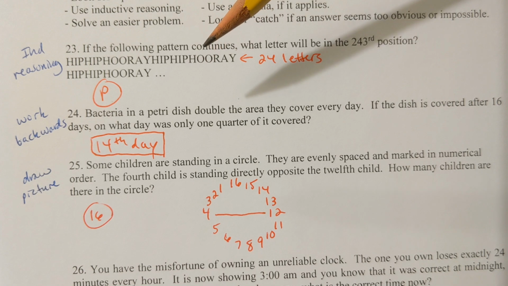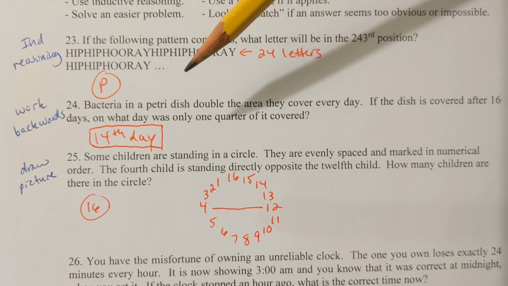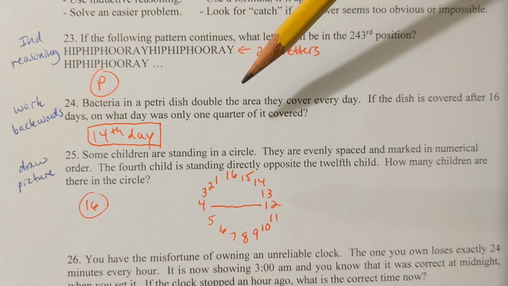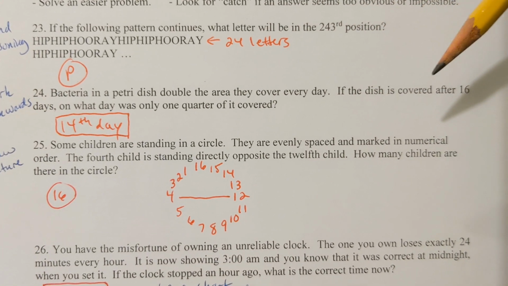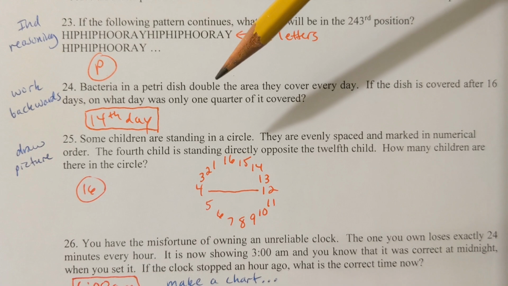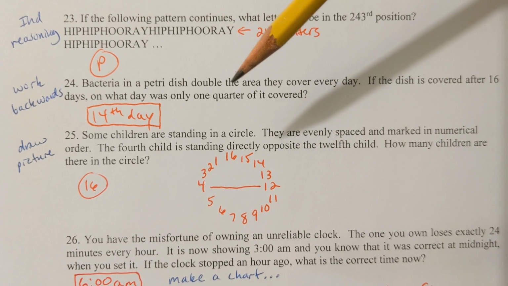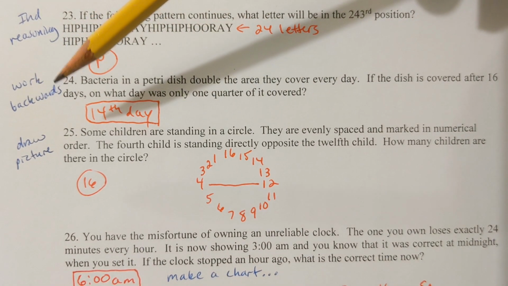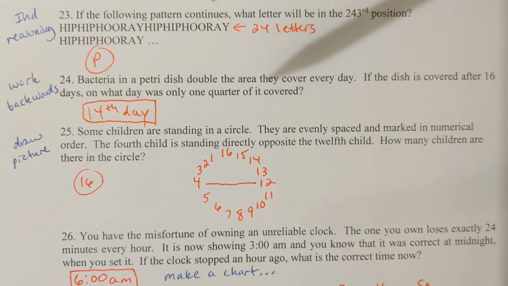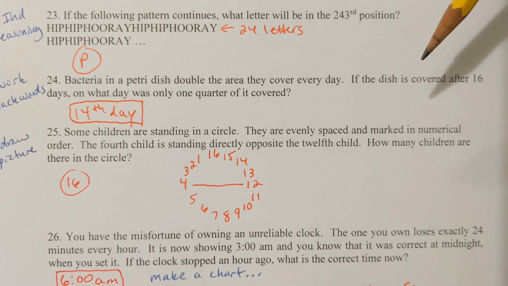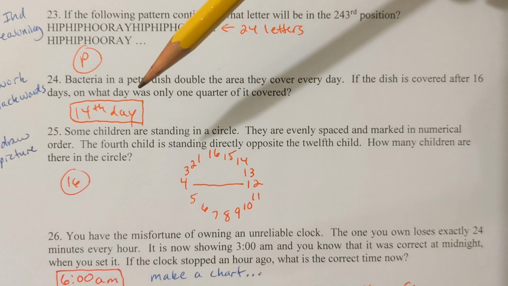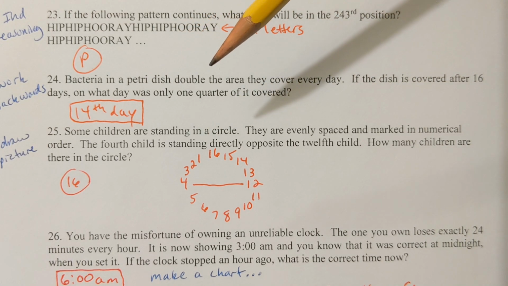Problem 24. Bacteria in a petri dish double the area that they cover every day. If the dish is covered after 16 days, on what day was only a quarter of it covered? In this problem you're going to have to work backwards. So the dish is completely covered on day 16, which means on day 15 it's going to be half covered.